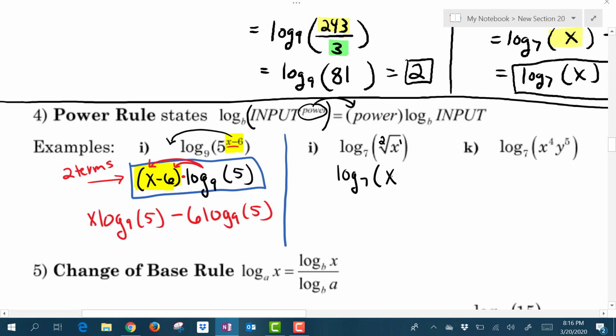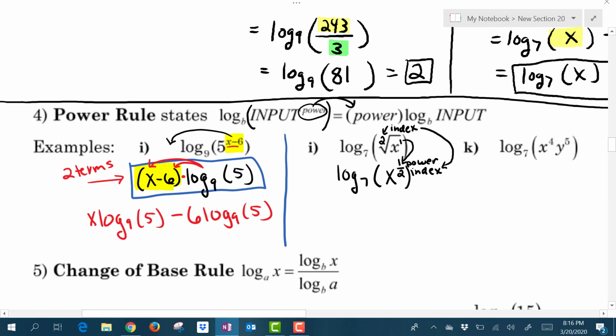When we convert radicals to exponents, it's always the original power on the base divided by the index power. This number that sits in the little V-shaped portion of the radical is called the index. So we're going to convert radicals to fractional exponents. The power underneath stays as the power and goes on top of the fraction. The index becomes the denominator of that exponent.